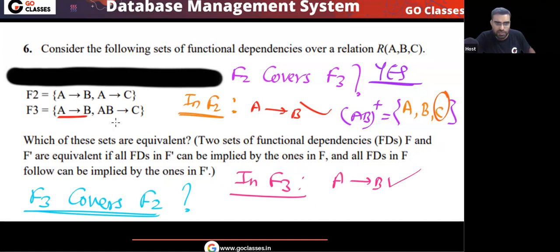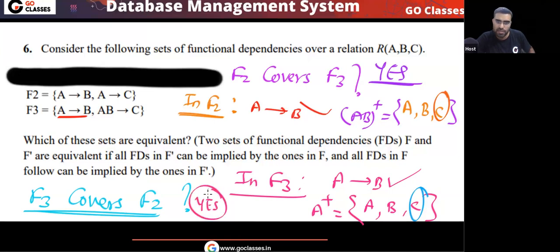Now, in F3, you also find A plus. What is A plus in F3? That will be A, B, C. So you got A determining C also. So you got both of them. So the answer is yes. So they cover each other.